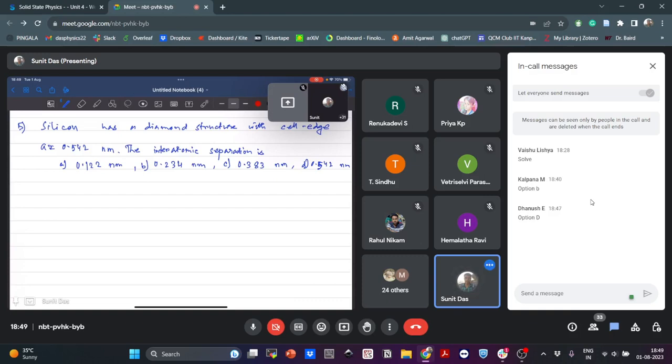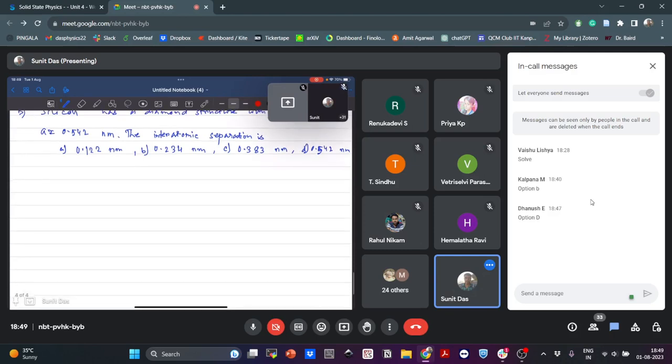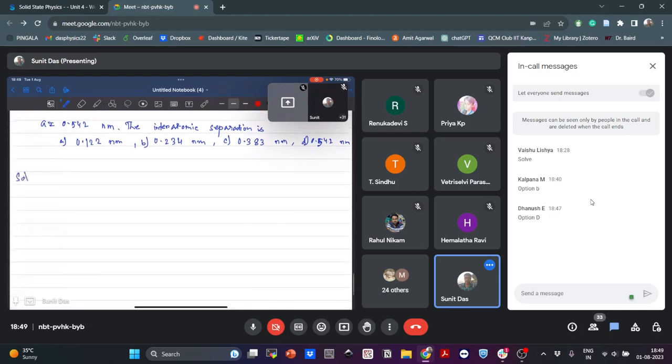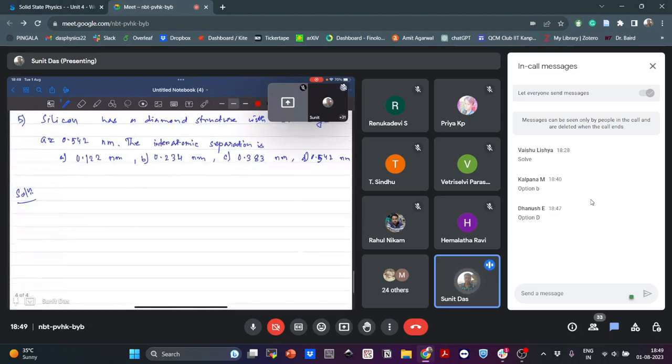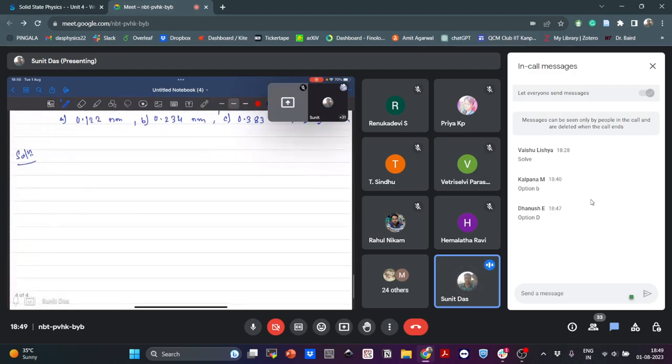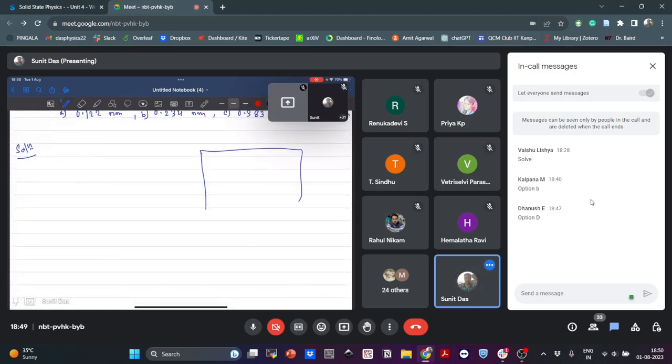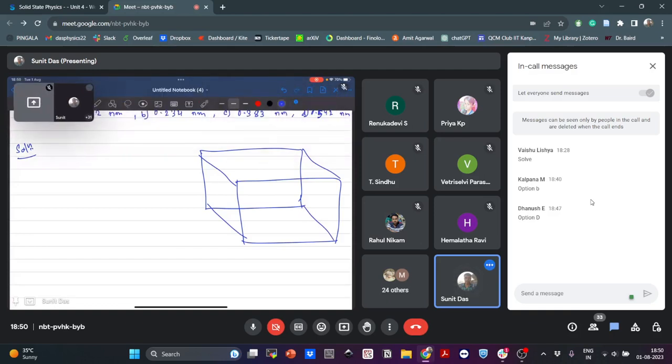Okay, so let me try. Let's try to understand what is interatomic separation and the unit cell dimension. There is a subtle difference. So diamond structure is basically face-centered cubic.